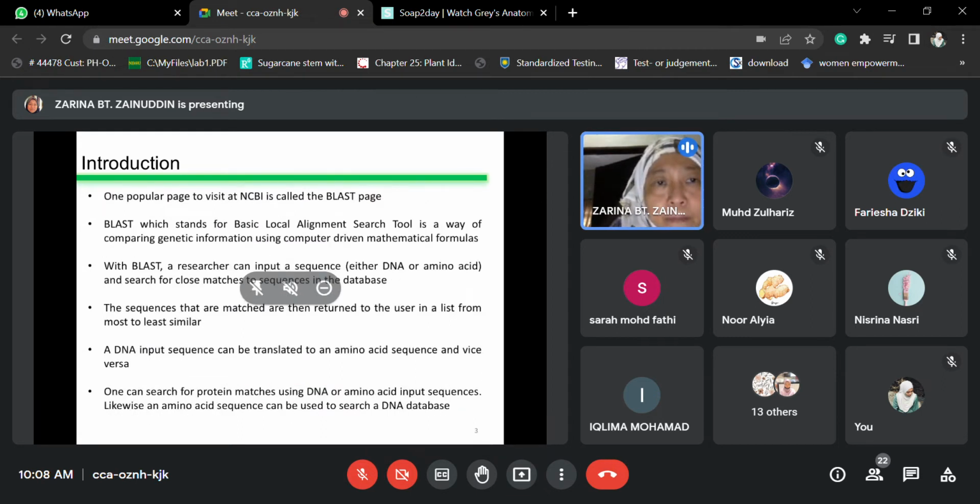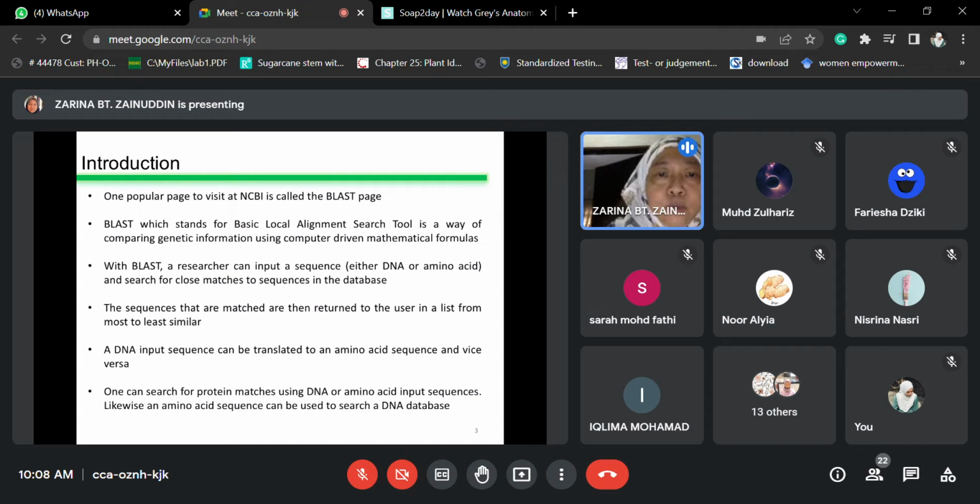One popular page to visit at NCBI is the BLAST page. BLAST stands for Basic Local Alignment Search Tool, where you compare genetic information using computer-driven mathematical formulas. For example, you sequence a gene and you get the sequence ATGC, for example.